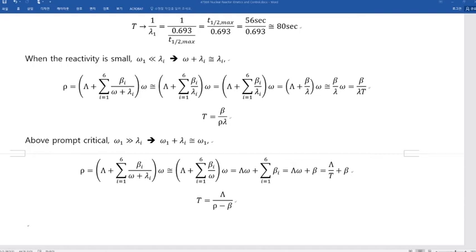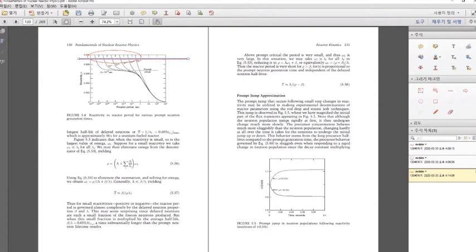So let's first see this figure 5.4, which gives us the general relation of reactor period for given reactivities. We can see different curves for different prompt generation times.